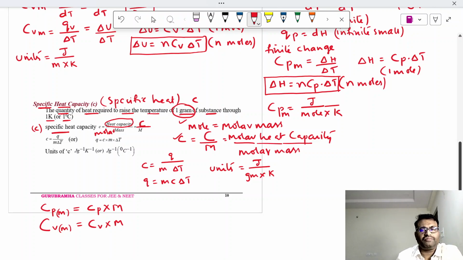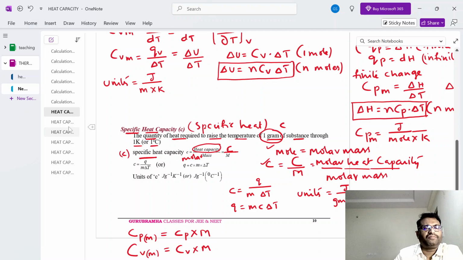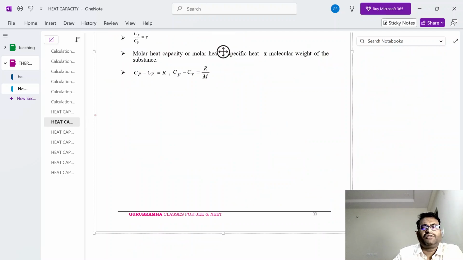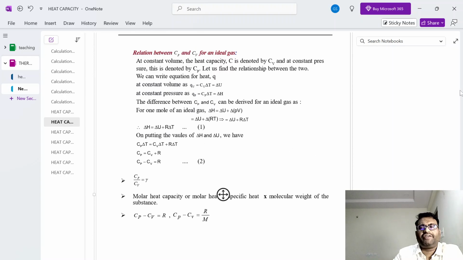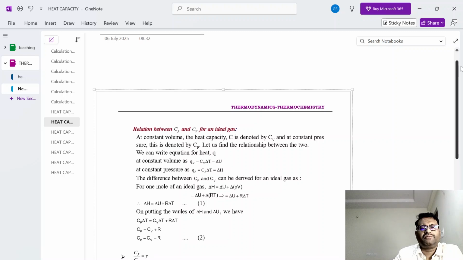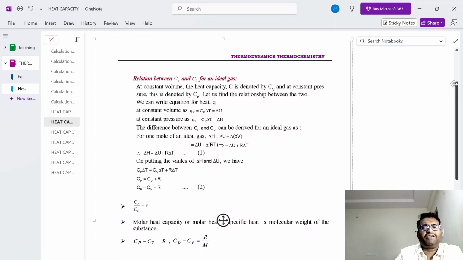Right? Next, let us see the relation between Cp and Cv, that is, molar heat capacity at constant pressure and molar heat capacity at constant volume.